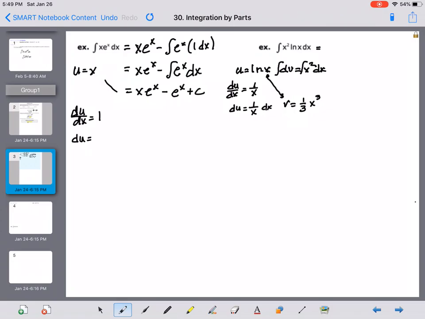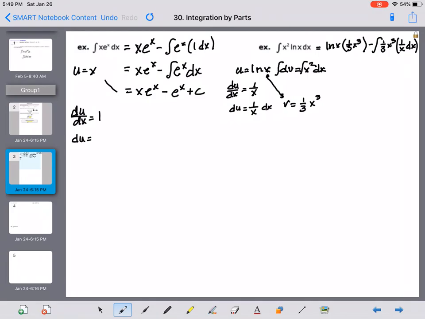That's my u times my v. So natural log of x times 1/3 x cubed minus the integral. And then I'm going with my v, my 1/3 x cubed, times 1 over x dx. Perfect amount of room.